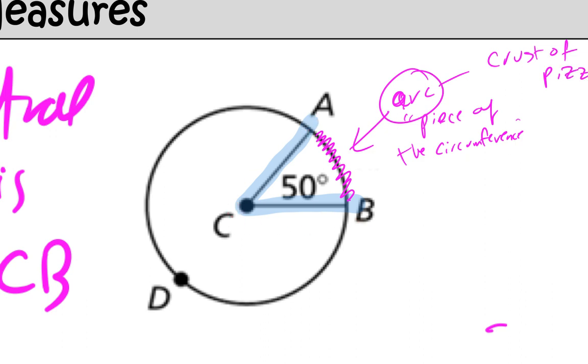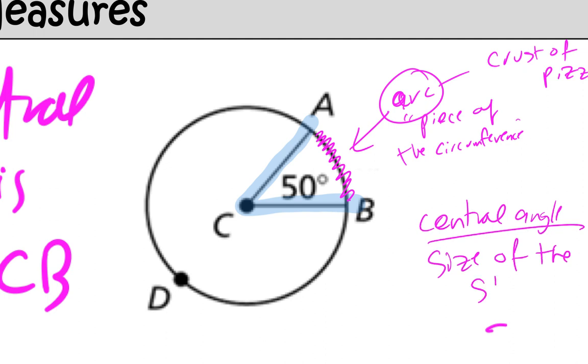And the central angle is the size of the slice of pizza. So that's how you can think of those. The central angle is how much we're cutting, and the arc is going to be the crust of the pizza.